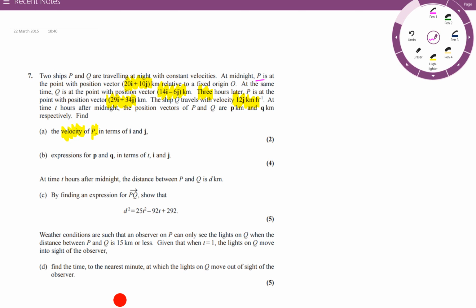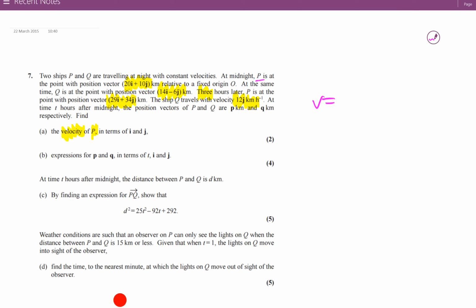Any ideas how we're going to get the velocity of P? Did you use v equals u plus at? That's the one, yeah. So that's one of the SUVATs.